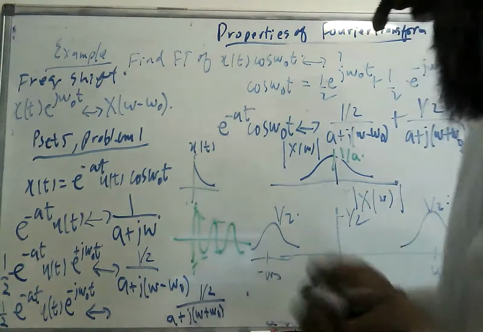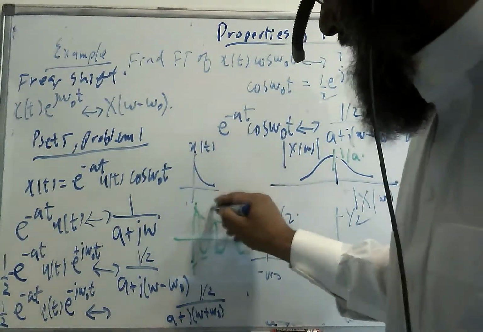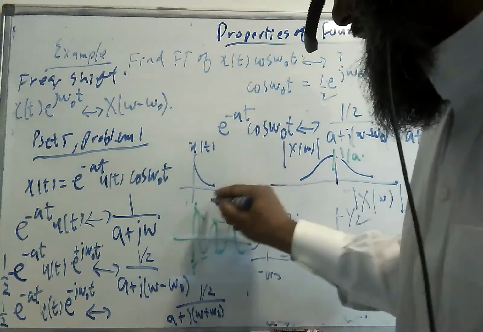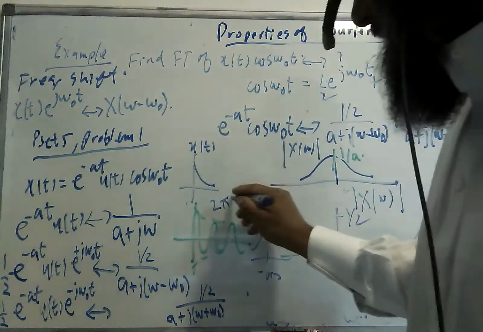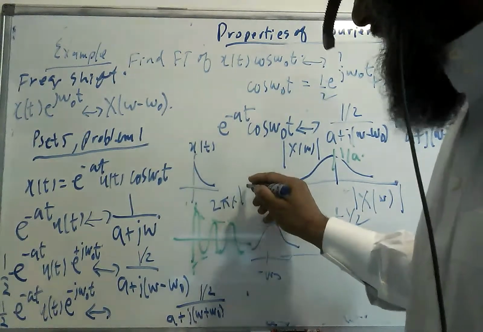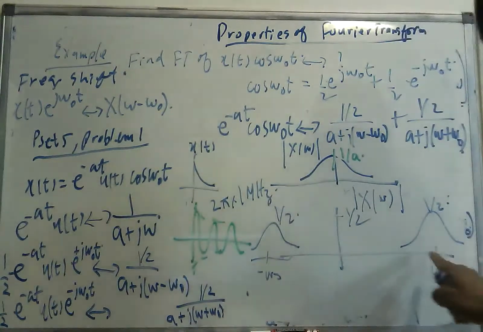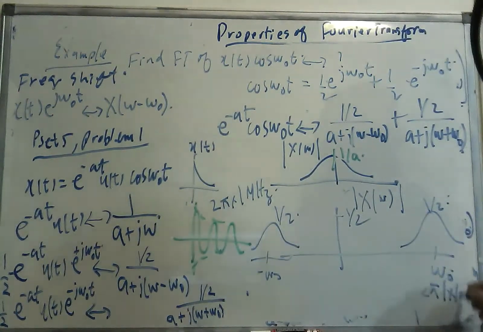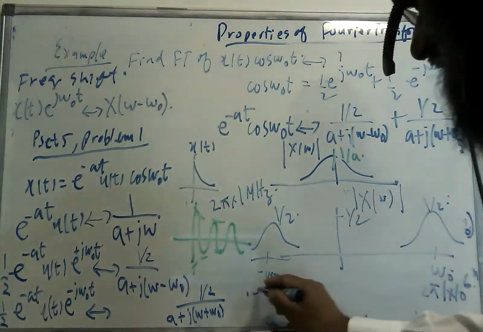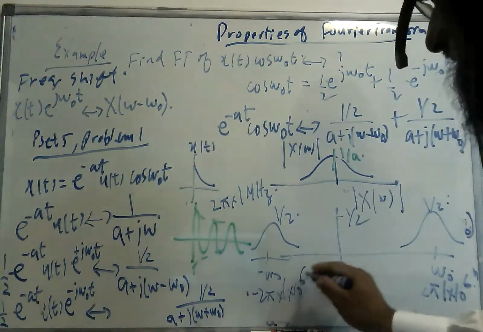Maybe if this frequency is 2 pi multiplied by 1 megahertz, right? So my signal will go to 2 pi multiplied by 1 times 10 raised to the power 6, and minus 2 pi multiplied by 1 times 10 raised to the power 6.